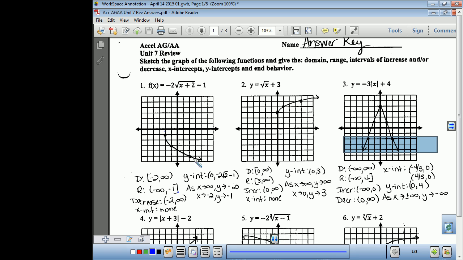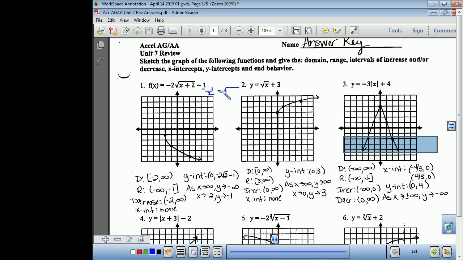So this entire function is decreasing, so it decreases from negative 2 to infinity. We can obviously tell from the graph there's no x-intercept. But if we were to start to solve this and we plugged in 0 for y, when we move the 1 over, it becomes positive 1, and then we divide by the negative 2, we get negative 1/2 equals the square root of something.